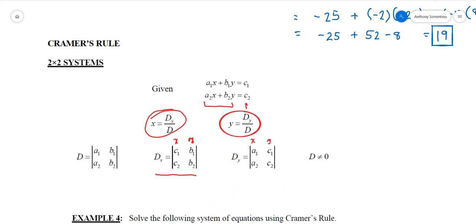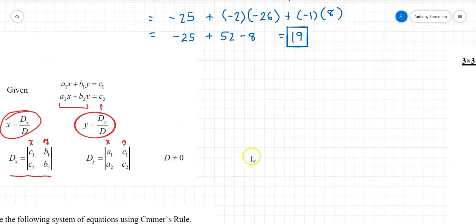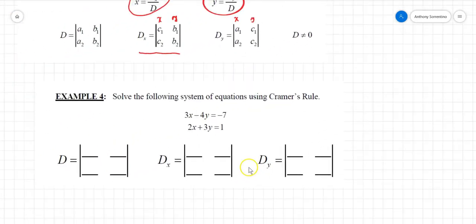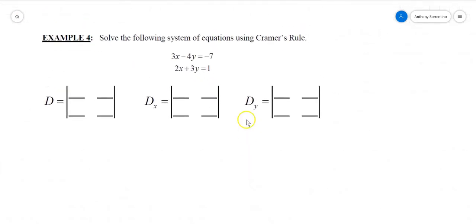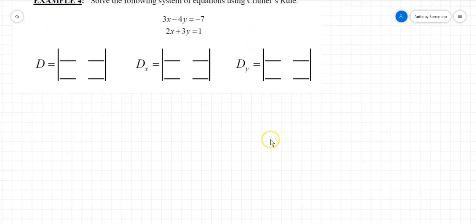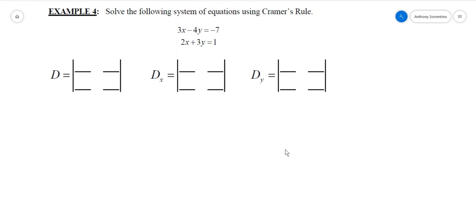And much like that, for a 3x3 matrix, well, let's do a 2x2 one first. So if I want to set up these determinants, D is just going to be the determinant of my coefficient matrix. So the 3, the -4, the 2, and the 3 would be here.